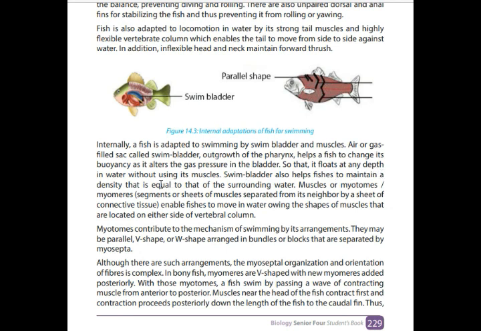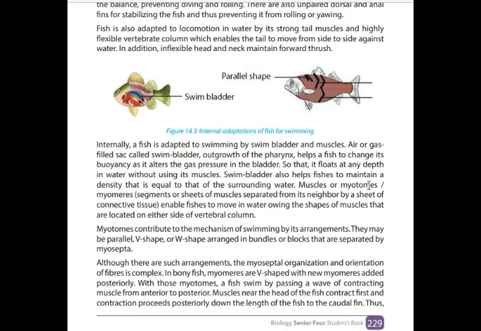With those myotomes, a fish swims by passing a wave of contracting muscle from anterior to posterior.